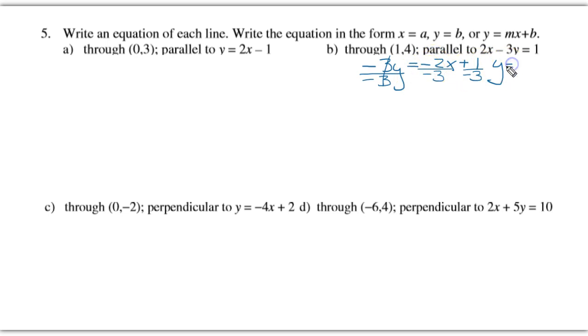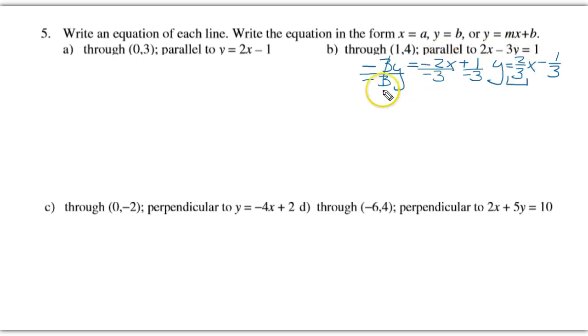Here my slope is going to be a positive 2/3, and my y-intercept is -1/3. But I'm just looking to find the line parallel to this slope, and that would be 2/3.